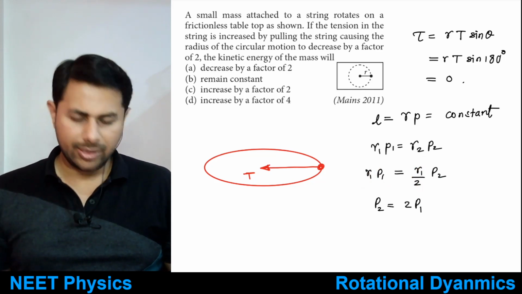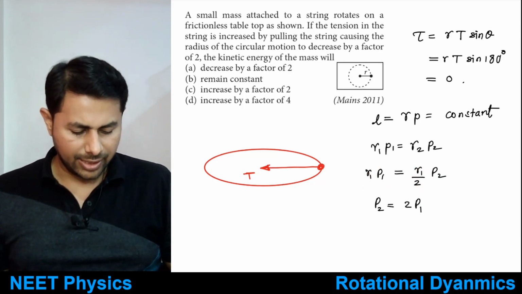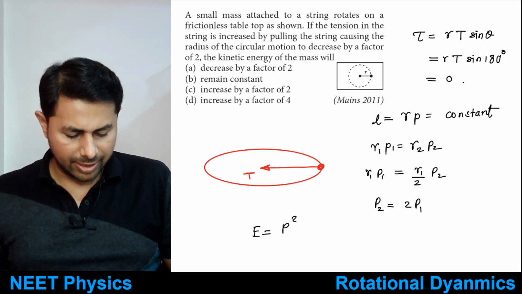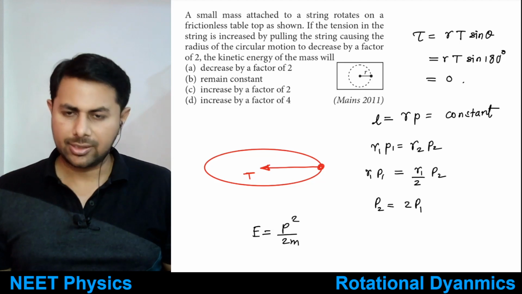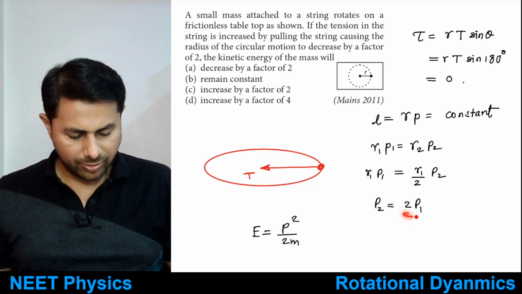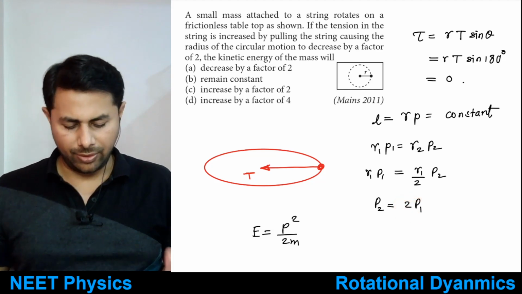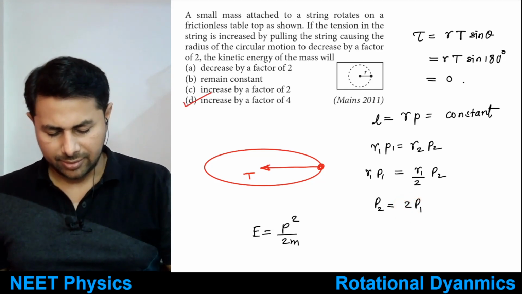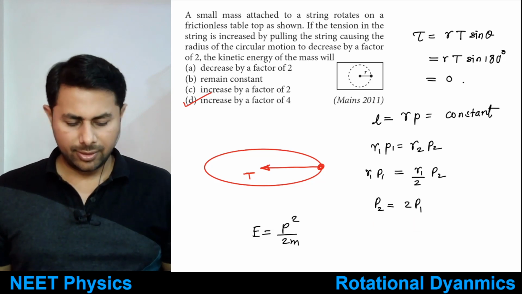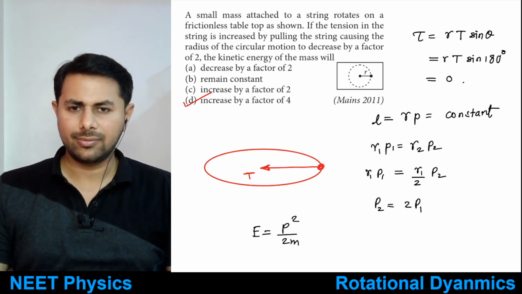And since momentum becomes twice, you know kinetic energy is given by p square by 2m, it's directly proportional to momentum square. Momentum becomes twice, so kinetic energy becomes 4 times, so it increases by a factor of 4. Right? Is this clear, everyone?